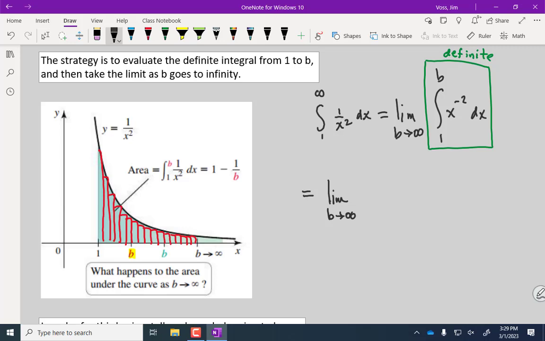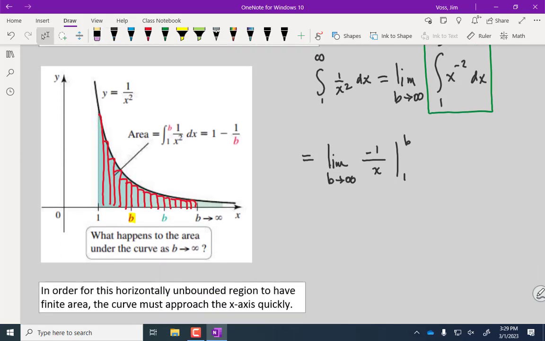And then we integrate. So we get x to the negative 1 over negative 1, which is negative 1 over x. That limit symbol is just hanging out while we do our regular definite integral business. Plug in the b, plug in the 1. So there is our definite integral.